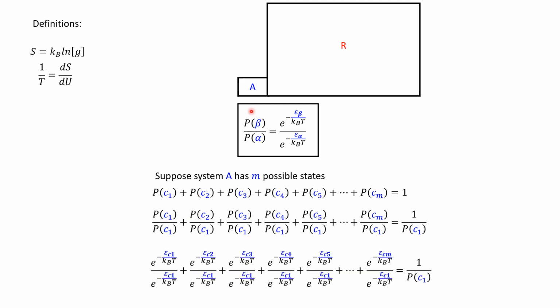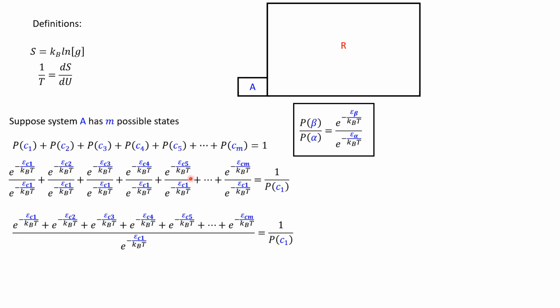And we can now use the relative probability. So this will be this exponential, and this is the energy of state C1, this is the energy of state C2, this is the energy of state C1. So we are using our result to express the relative probability. So we get this expression.